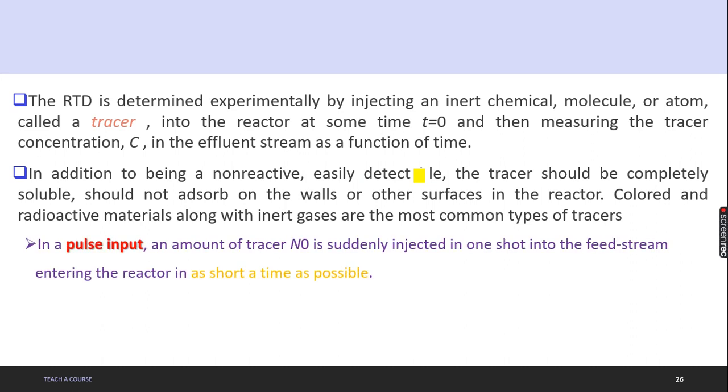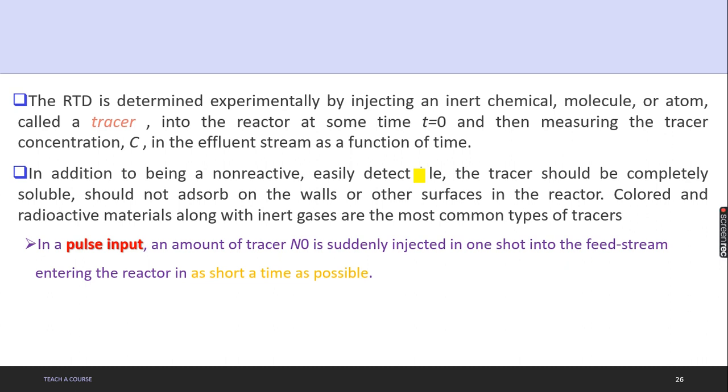The tracer experiment is actually performed in two ways. One is pulse input. An amount of tracer, for example N0, is suddenly injected in one shot into the running reactor inlet. So we are not giving it for a long time period. At an instantaneous moment we are putting in some amount of tracer, within as short a time frame as possible.